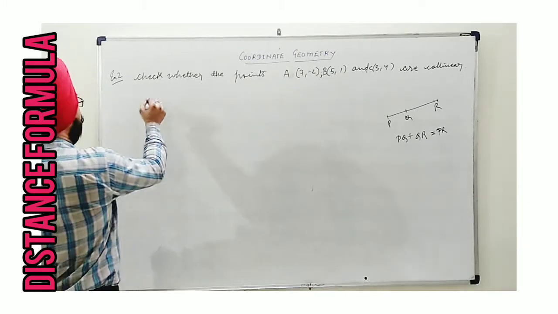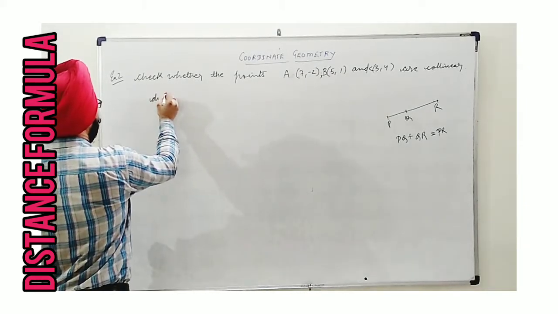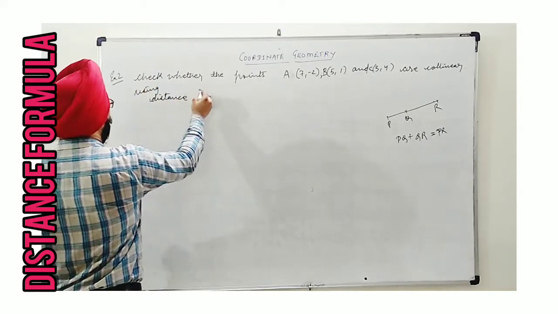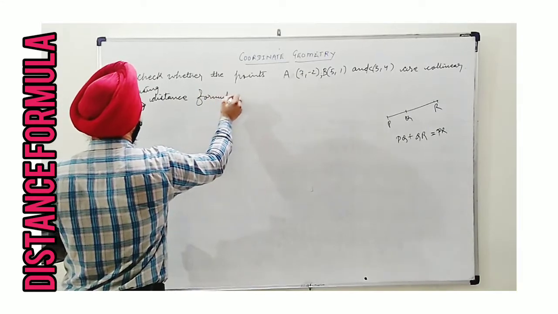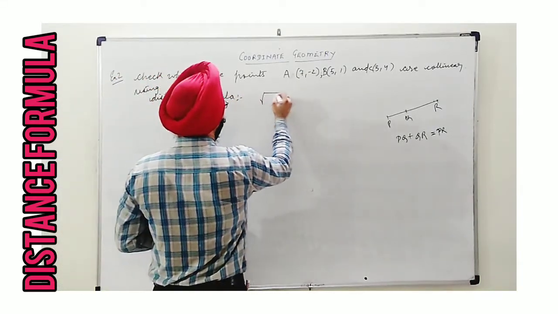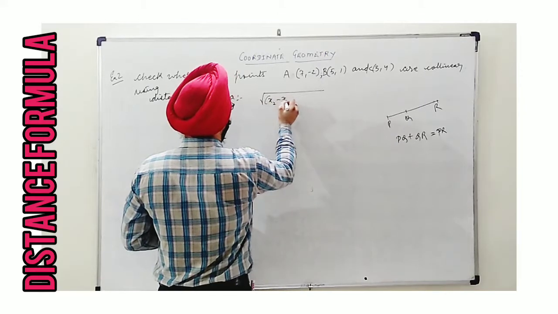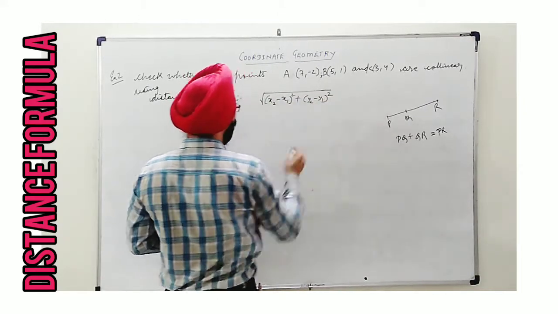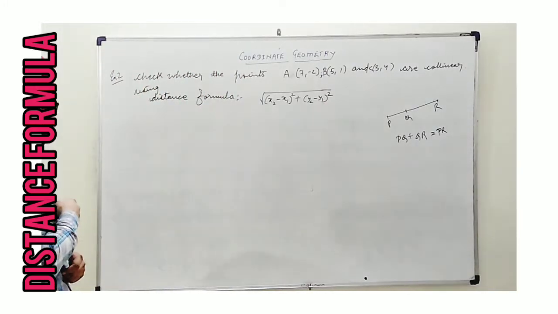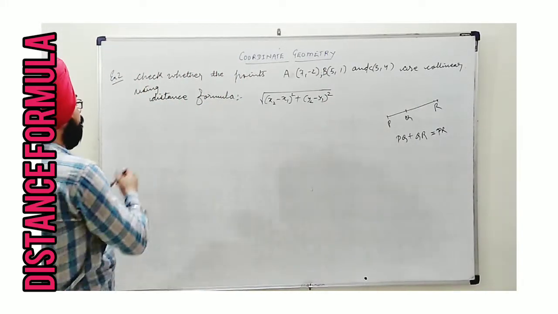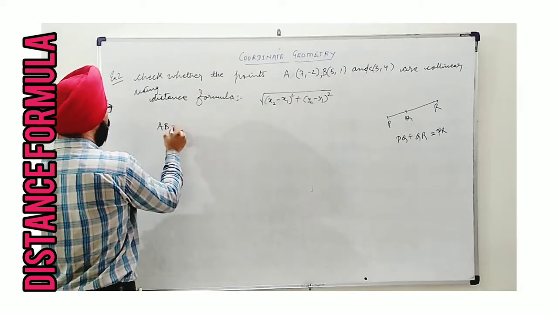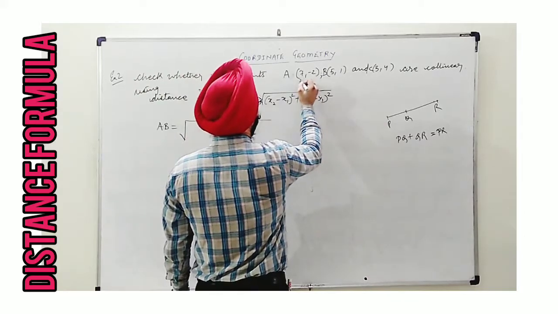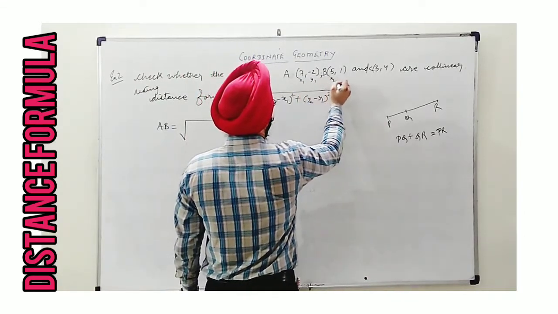So for distance, first write here, using distance formula. What is the distance formula? x2 minus x1 whole square plus y2 minus y1 whole square. Now if I want to use the distance formula, for AB, careful, here we consider this as x1, y1, x2, y2.